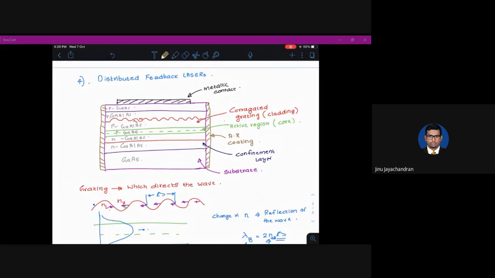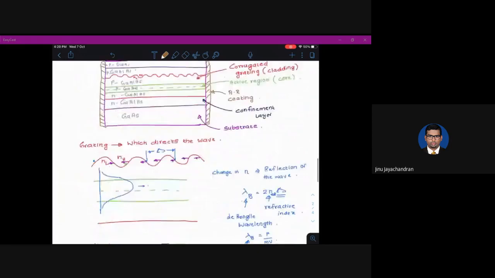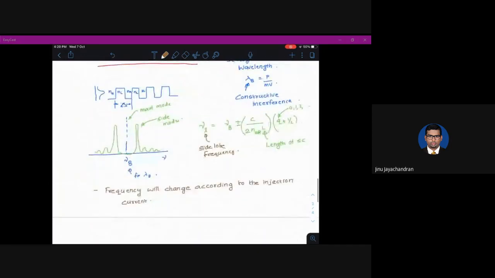So you will be providing current here, and the current is provided for the whole bulk of the material. According to the current you provide, the frequency will change. That is a problem, because if you change the current by a small amount, the laser will change its frequency, and you always need a fixed frequency. That's a big problem in the DFB laser.